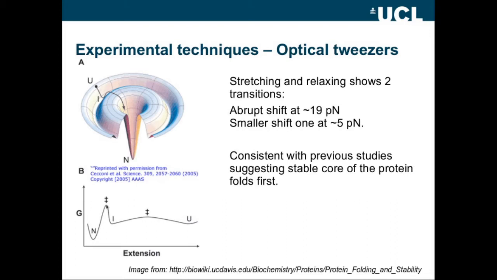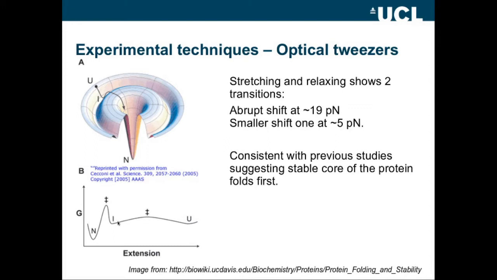We're having to apply lots of force, and all of a sudden, with about 19 piconewtons of force, we have an abrupt change where the protein starts to be pulled apart. We can think of that on this energy surface: this is the native state down here, and we're pulling up over this energy barrier, and then dropping down again to an intermediate state, which is somewhat lower energy. We're not having to pull so hard to keep it in that form.